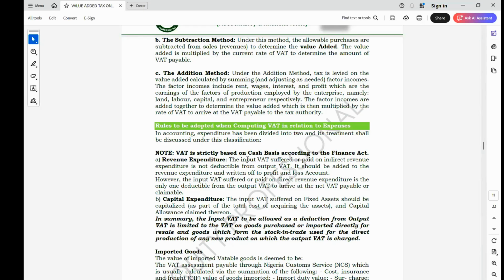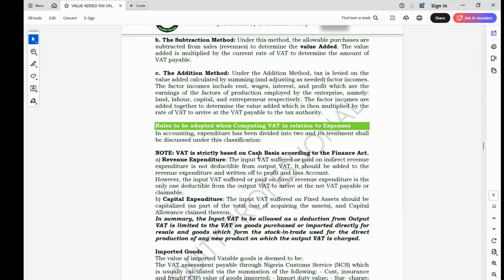And please take note that an expenditure that is direct to a business can be indirect to another business. The determination of direct and indirect revenue expenditure depends on the nature of the business, the nature of the activity performed by that business entity. For instance, let's say we have a company that is engaged in hotel business.